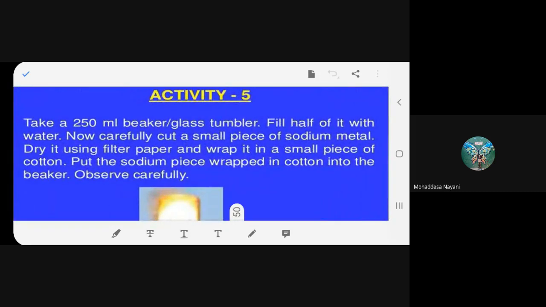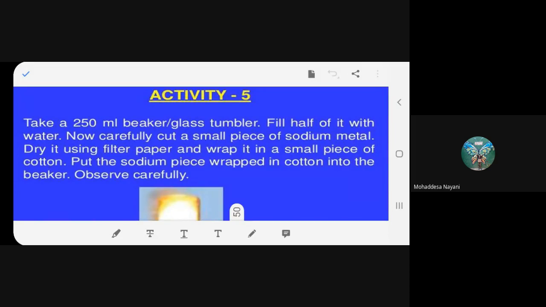Activity 5. Take a 250 milliliter beaker or glass tumbler. Fill half of it with water. Now carefully cut a small piece of sodium metal. Dry it using filter paper and wrap it in a small piece of cotton. Put the sodium piece wrapped in the cotton into the beaker. Observe carefully. Now you will take a small beaker or a glass tumbler and fill half of it with water.